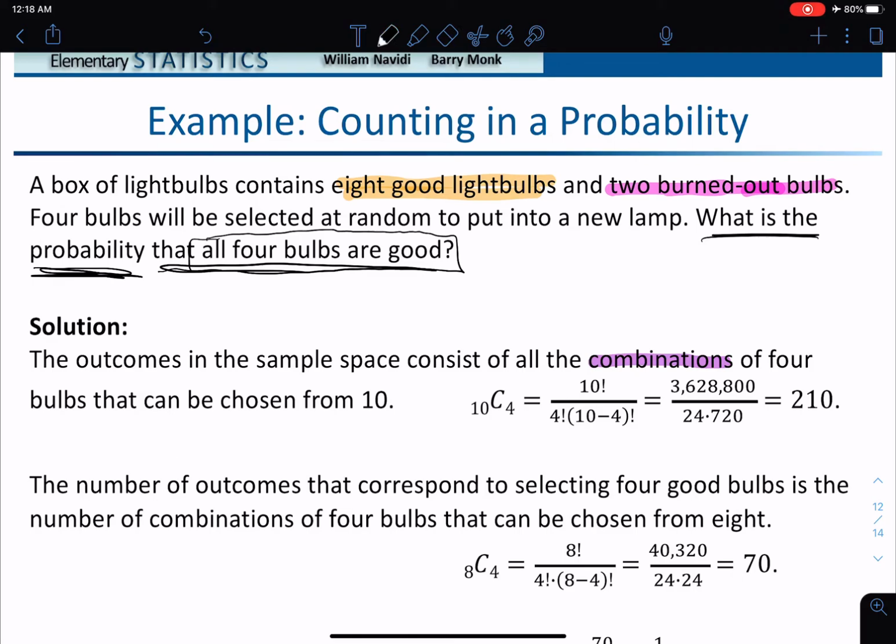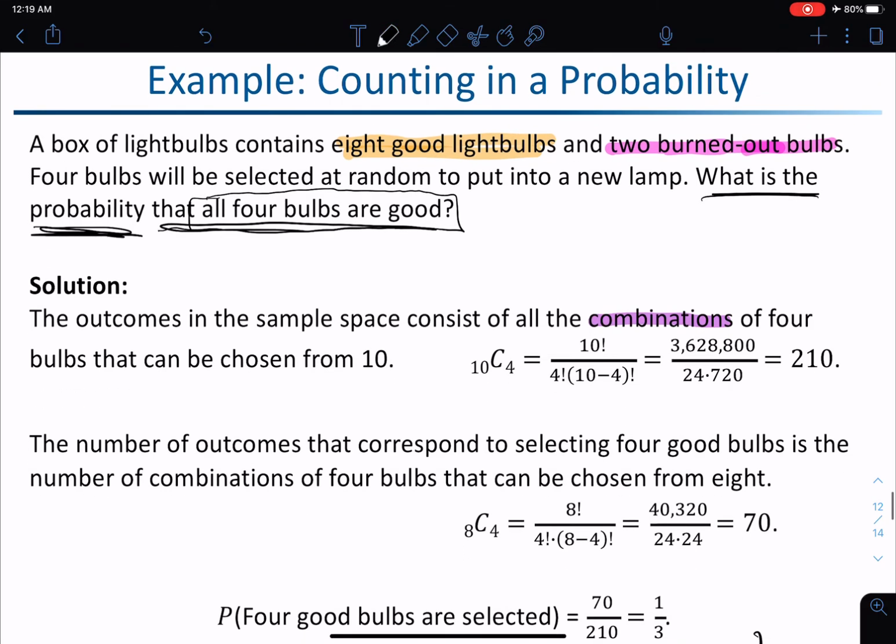And so let's see. We're looking for the total, the sample space. How many different combinations of bulbs can we have here? We have 10 possible bulbs, with 8 good bulbs and 2 bad bulbs. So 10 possible bulbs, and we're trying to pick 4. So this is the sample space.